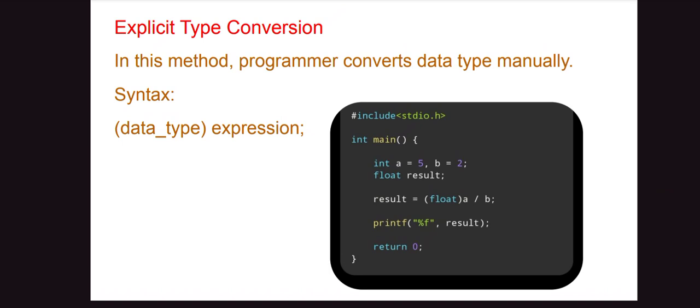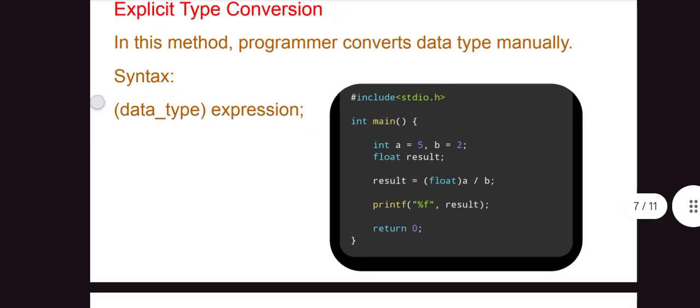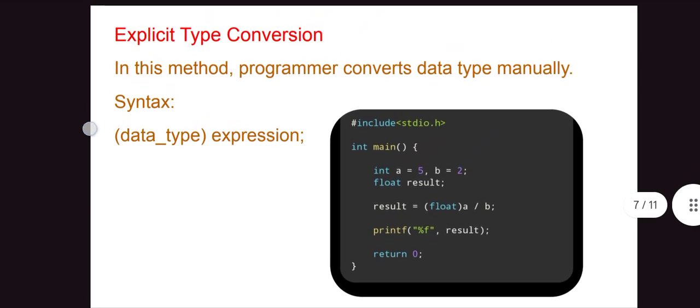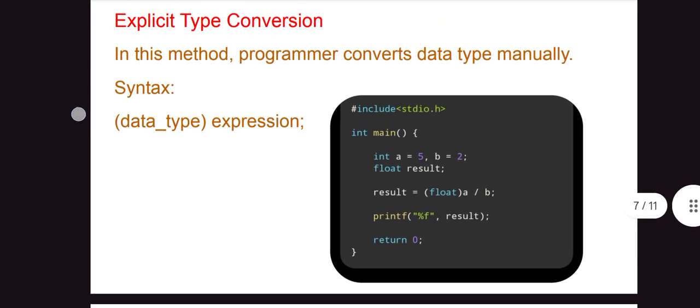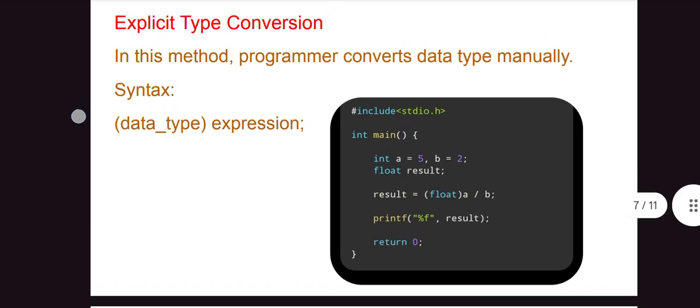Here is an example of explicit type conversion. Here a is equal to 5 and b is equal to 2, so a and b are integer values. We declare a variable result of data type float.